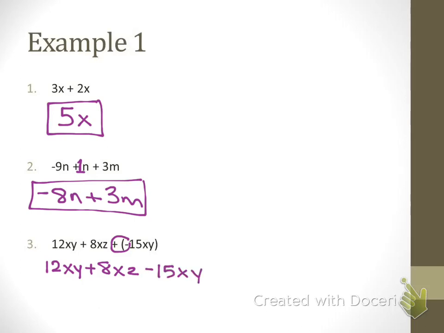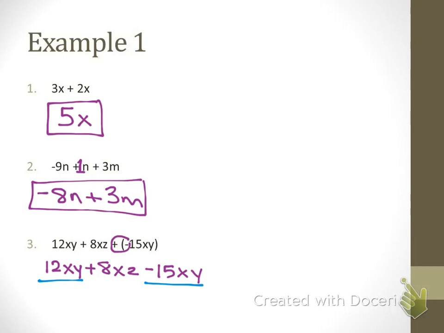15xy. Now, I know that every number has a sign, and the sign is in front of the number. Now, when I'm talking about combining like terms, I have 12xy minus 15xy. I have different signs here. One is positive and one is negative. So what do I do? Is it 3xy?